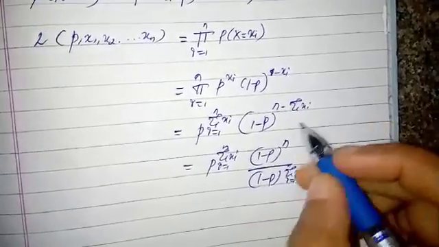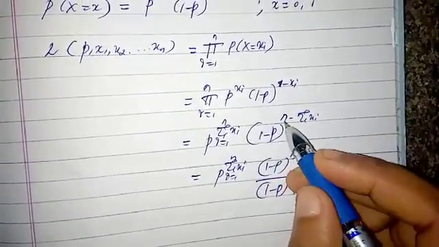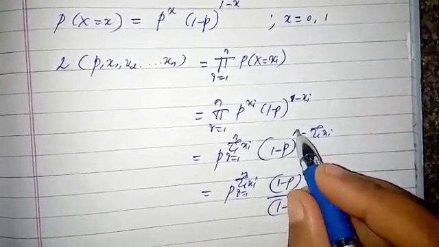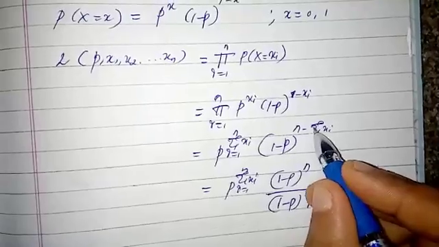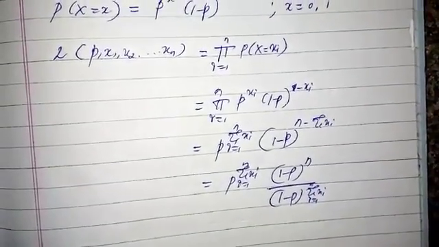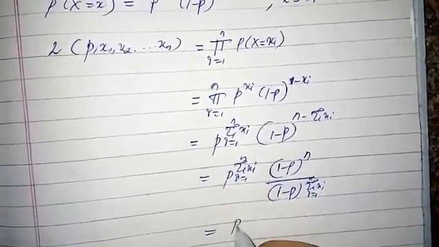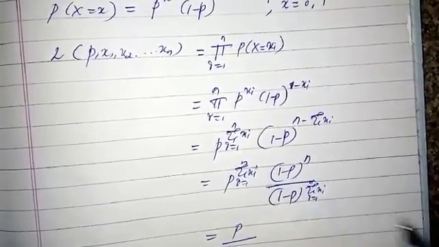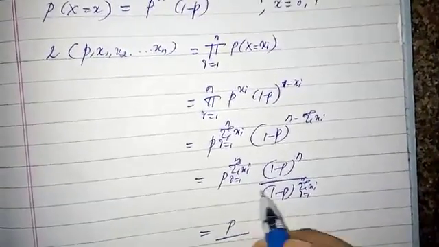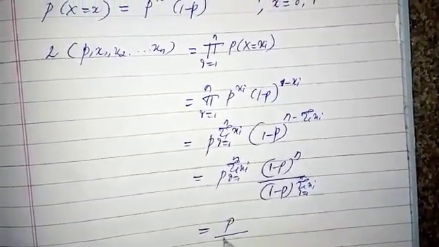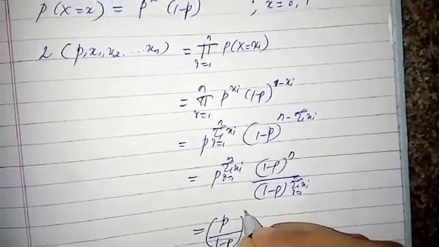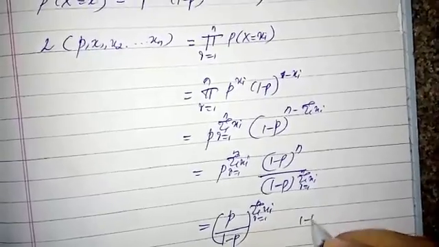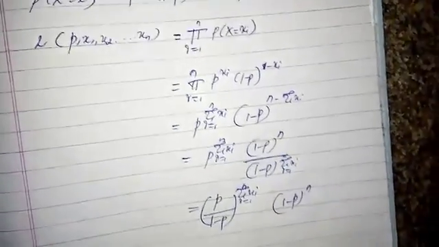So we have p power summation xi and also 1 minus p power summation xi in the denominator. Then we can write these terms together: p divided by 1 minus p, whole power summation xi, i from 1 to n, times 1 minus p power n.